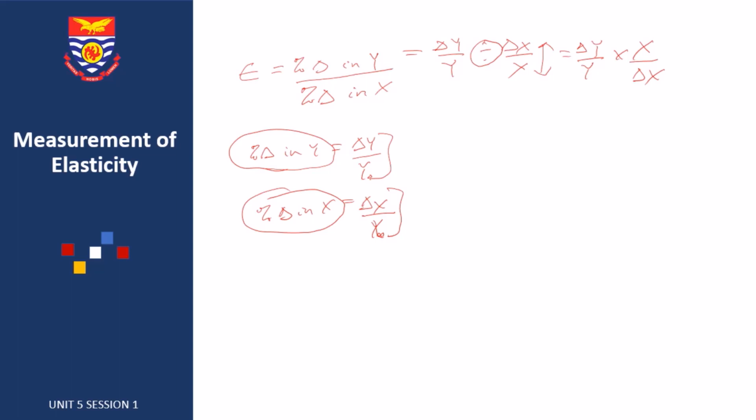In mathematics, multiplication is commutative. When I say commutative, I say that AB is the same as what? BA.